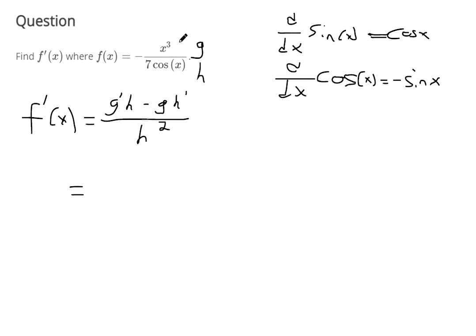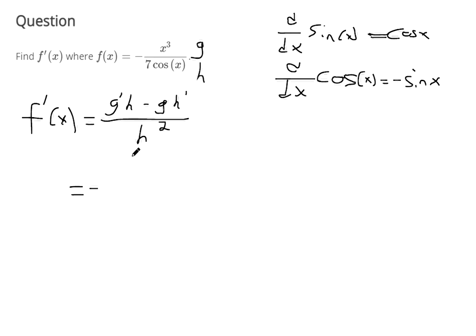Because the negative sign is on the outside, you could just factor it out and leave it at the end, because one of our properties of derivatives is that you can factor out a constant. That's probably the easiest way to look at it. So I'm going to leave this negative sign on the outside.